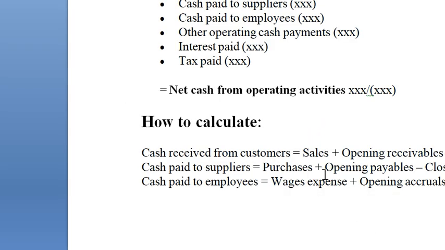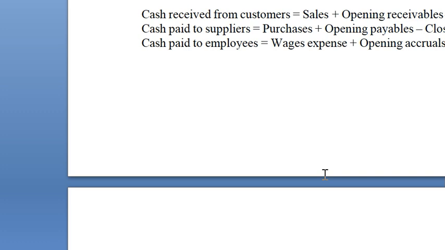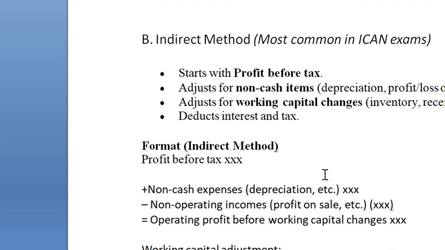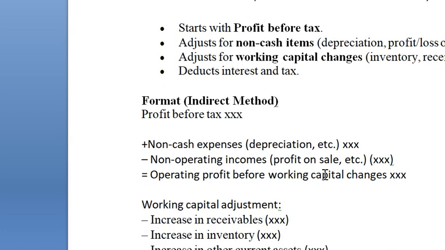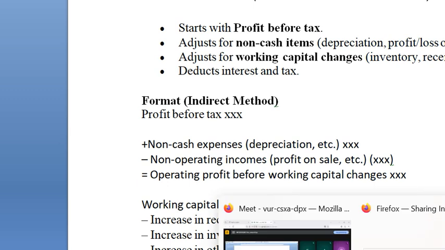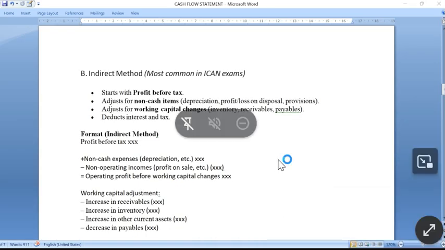So let's go to the indirect method. The indirect method is also very simple and very seamless. It mainly starts with profit before tax. I will always advise students to start with profit before tax. But just in case they did not give you profit before tax and you are to start with profit after tax, I will tell you what to do.